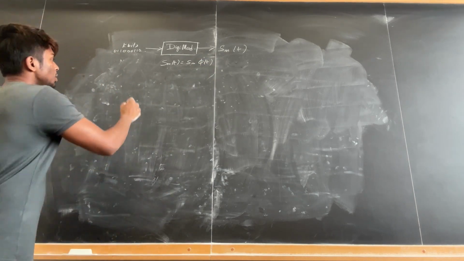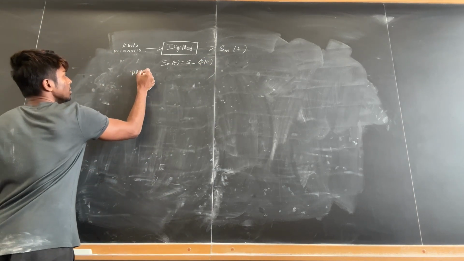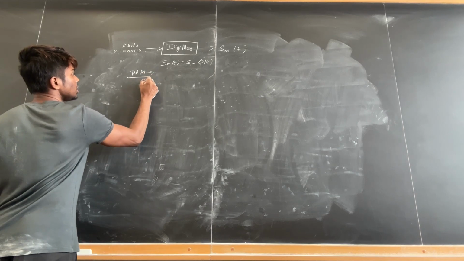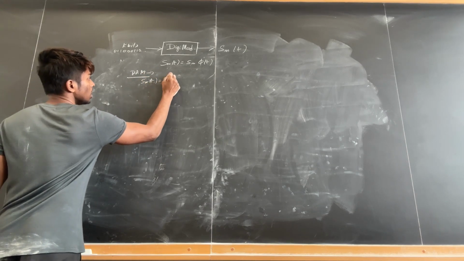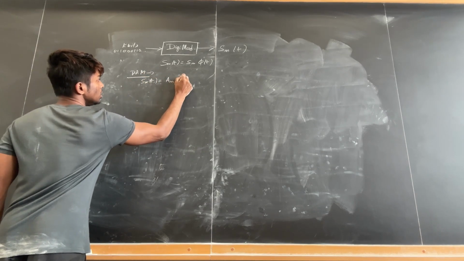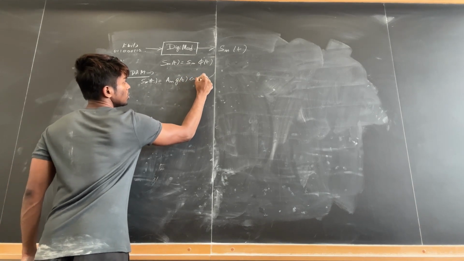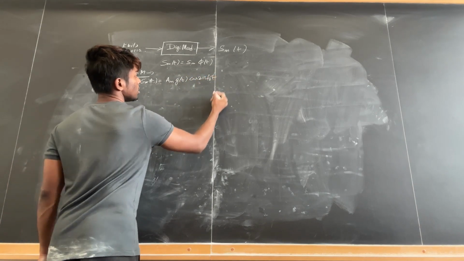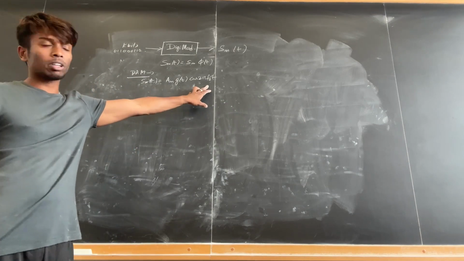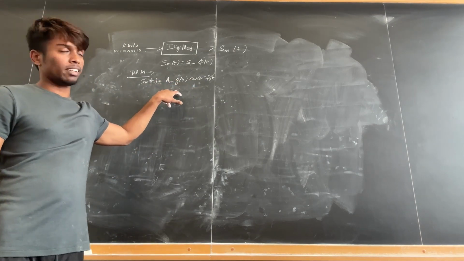So the pulse amplitude modulation is based on the idea that s_m(t) is equal to A_m g(t) cos 2 pi f naught t, where f naught is our carrier frequency, g(t) is a finite energy signal.